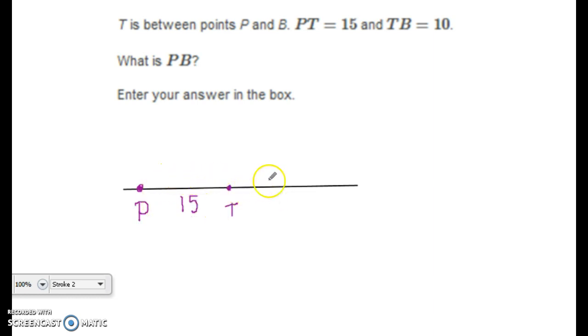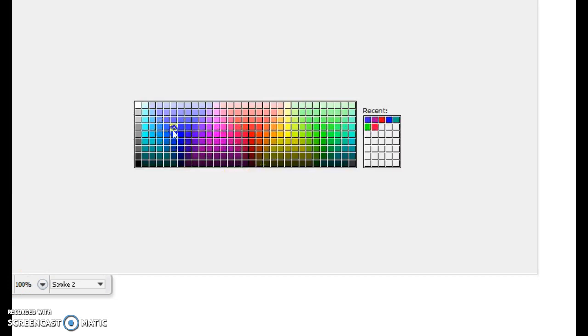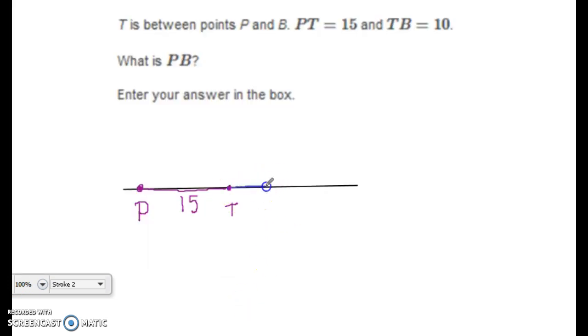And then I have TB. So from T to B, and that's 10 units.